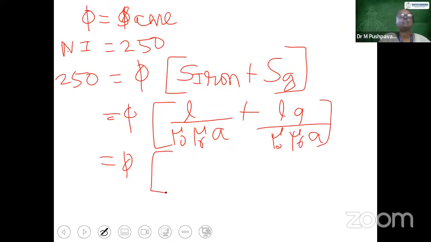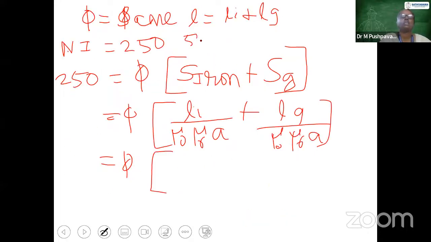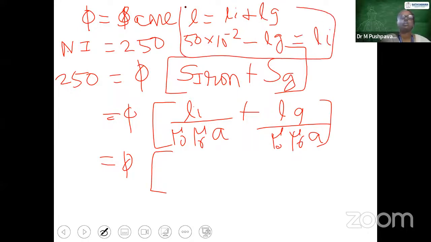Now, L is nothing but Li plus Lg. I think the difference will be very small. So the mean length is 50 centimeter, so 50 into 10 power minus 2. We have to substitute everything in SI units only. So substitute the Li value.